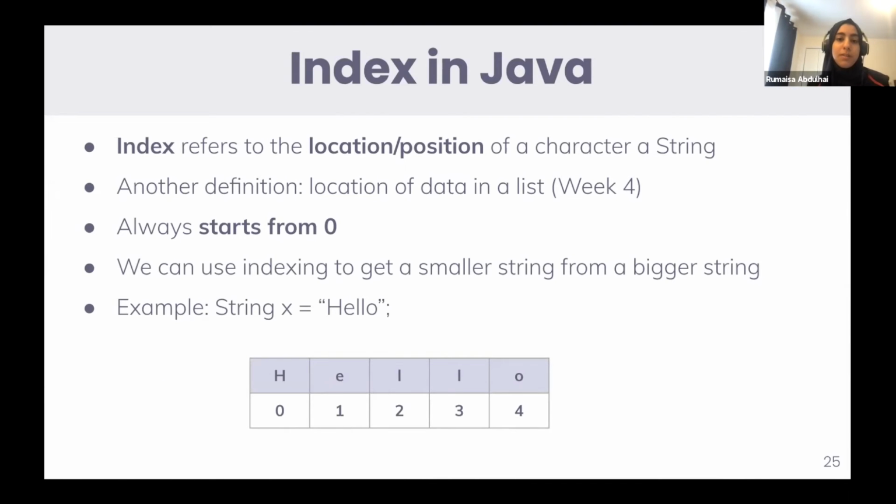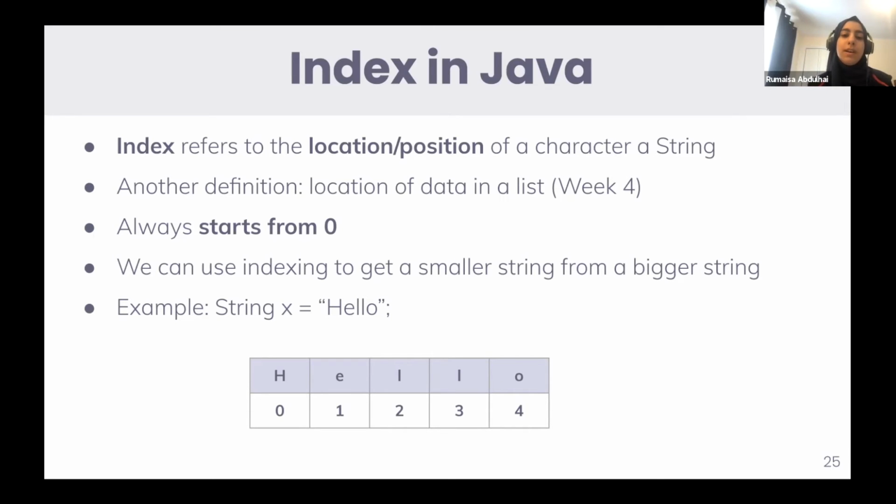So before we get into the methods, we're going to just talk about index. We talked about it last week in week 4. So index is the location or the position of a character in a string. In arrays, it is the location of data in a list. So if you have a list of names, the location of a specific name in a list.